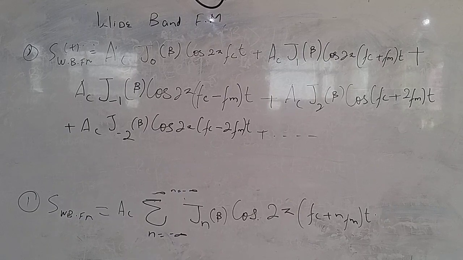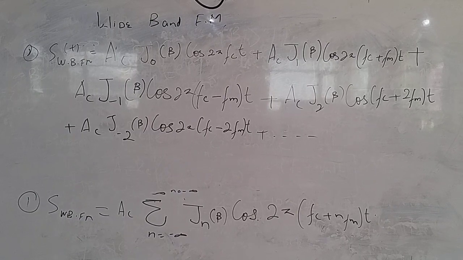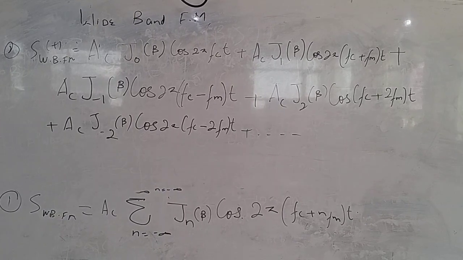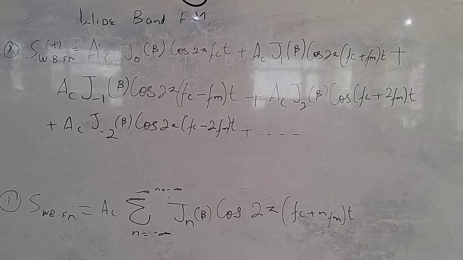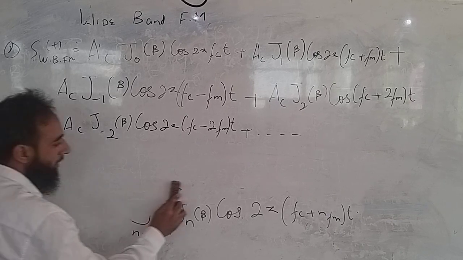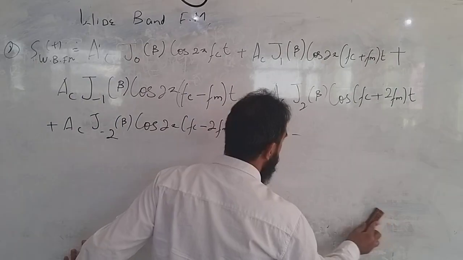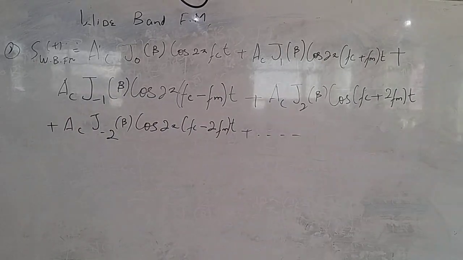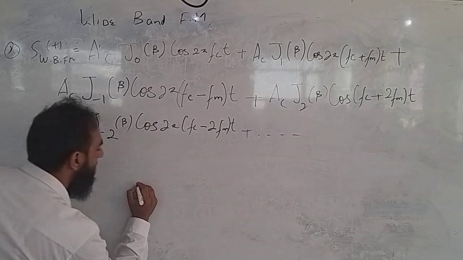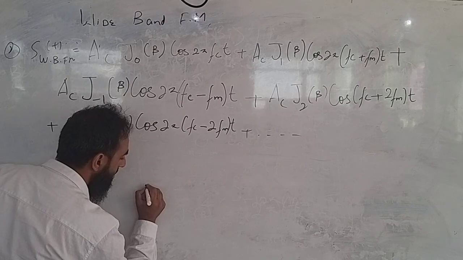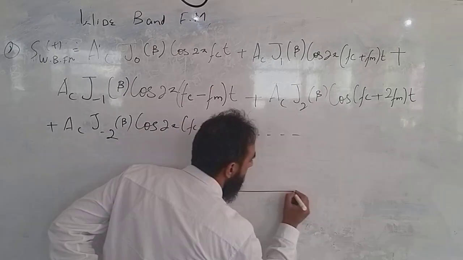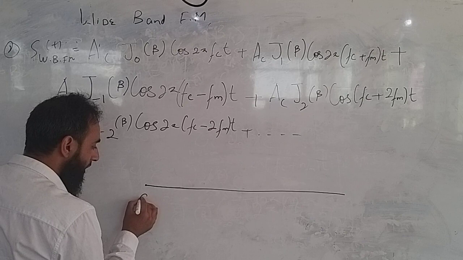So, can we draw the spectrum out of this? Yes or no? Can we draw the spectrum considering the positive side spectrum only? Let's say this is 0.